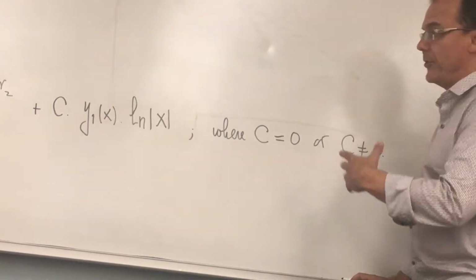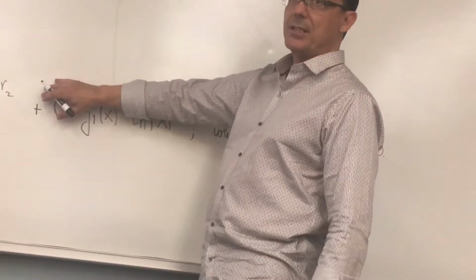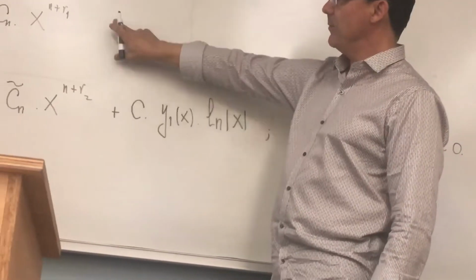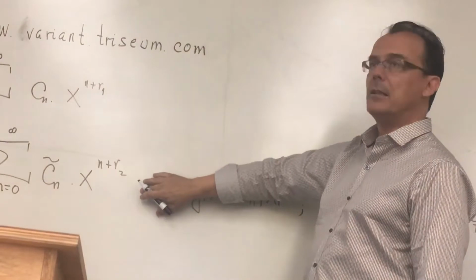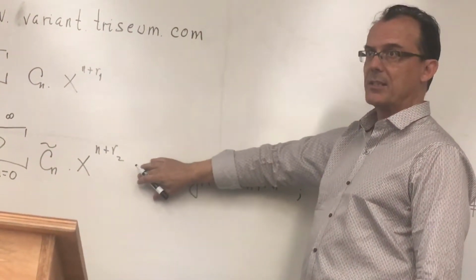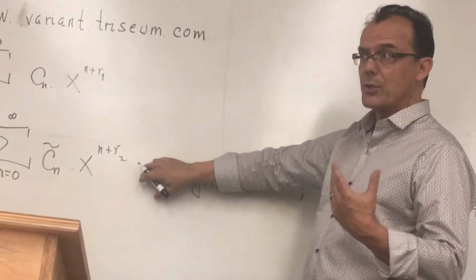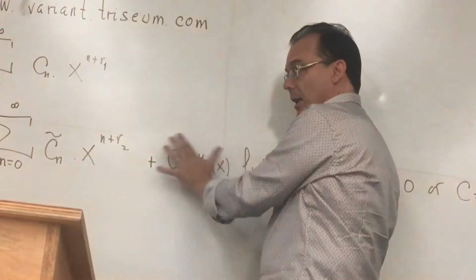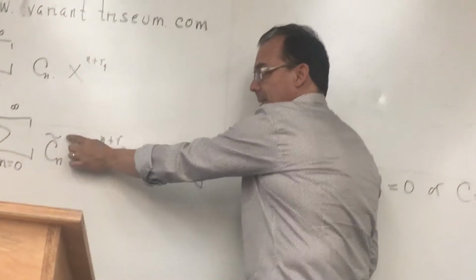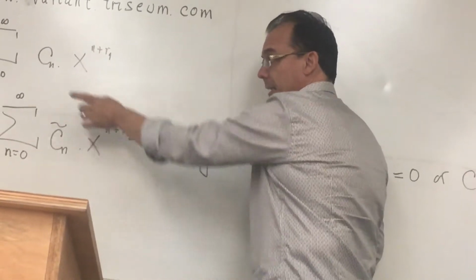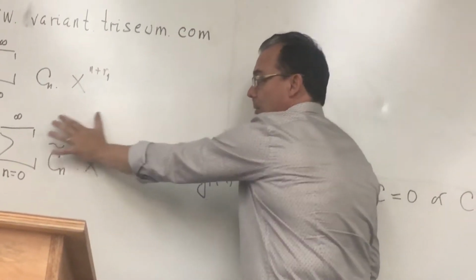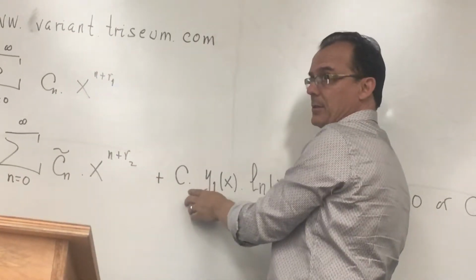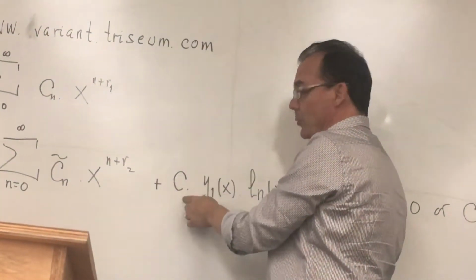Meaning, you first assume that C is 0, that there is no extra term. And if what you get here is different from what you get for the first solution, then you don't have this extra term. But if you work out the C tildes with r2 in case 2 and whatever you get is the same as y1, they are not linearly independent, so the assumption is not correct and you need to add an extra term.